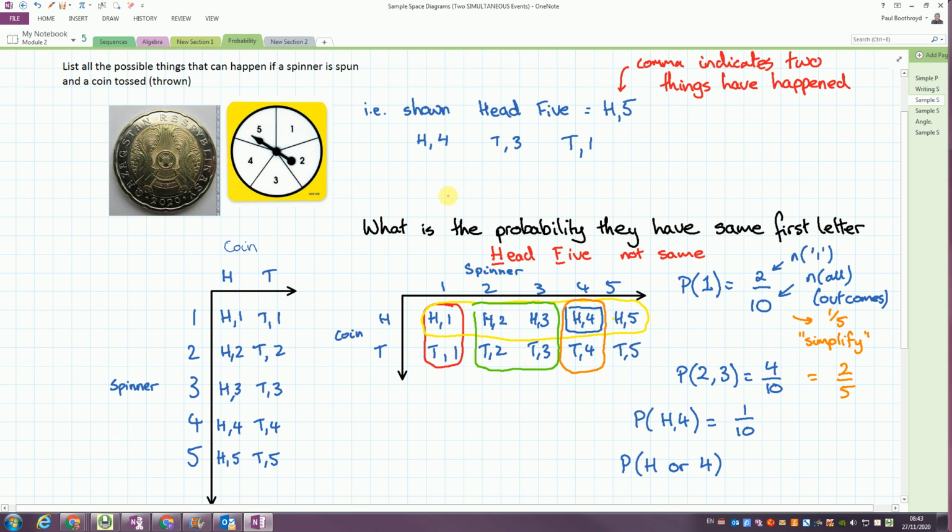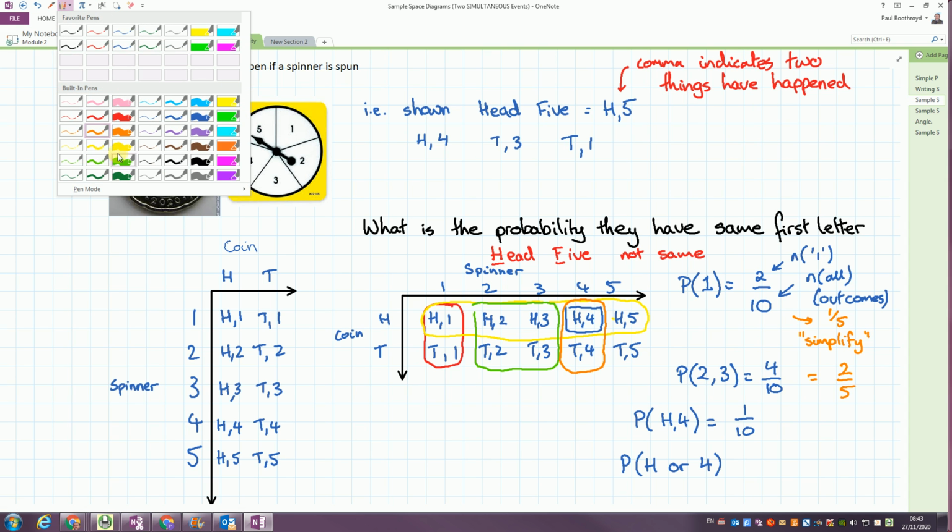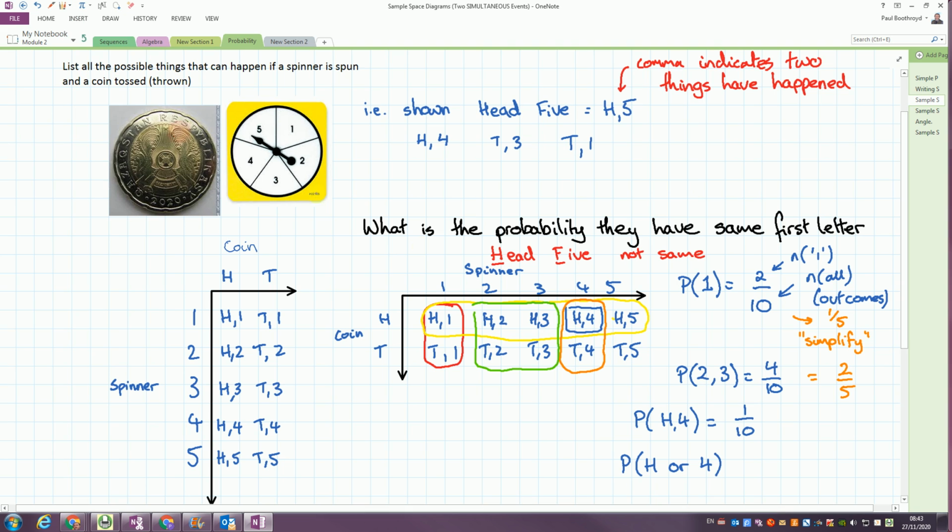Now, if you have a look at that question, we've got a problem. Now we're going to double count. There's a risk we will double count the H4. You need to be careful that you don't double count. So type into the box, how many ways do you think that we can actually get a head or a 4?